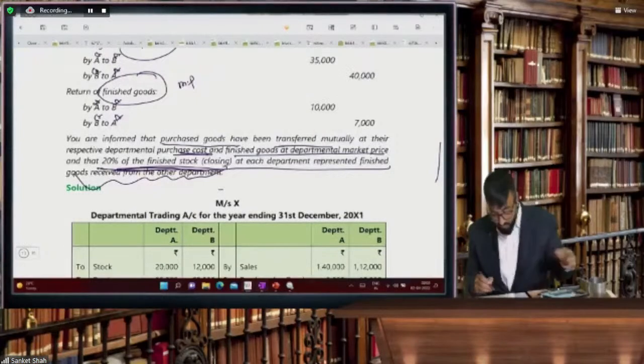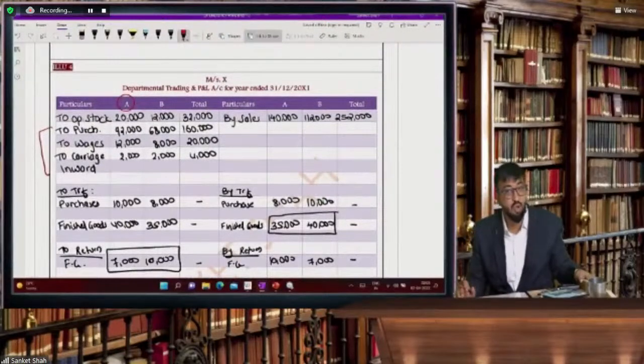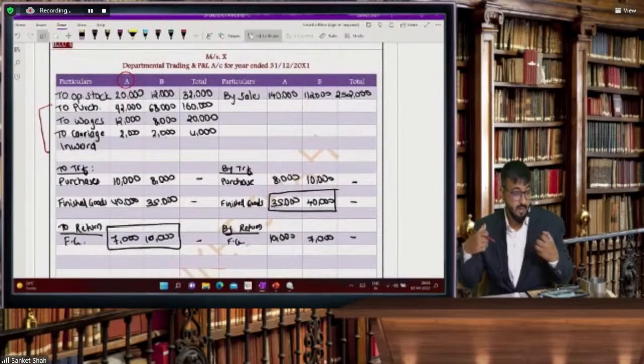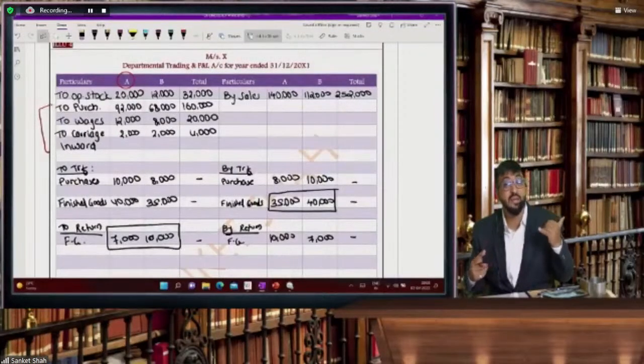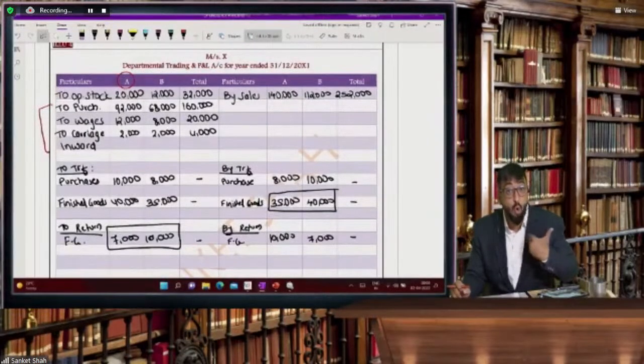See, I will explain you. Department A has some opening stock. Department B has some opening stock. Department A and B have opening stock and closing stock. Now Department A is receiving something from Department B. And Department B is receiving something from Department A. But Department A has own purchases, own wages, own carriage inward.